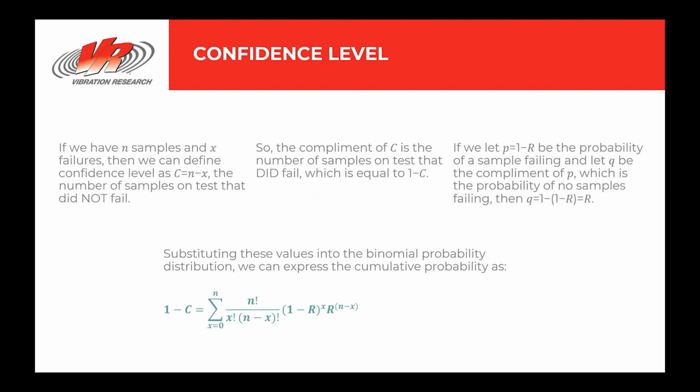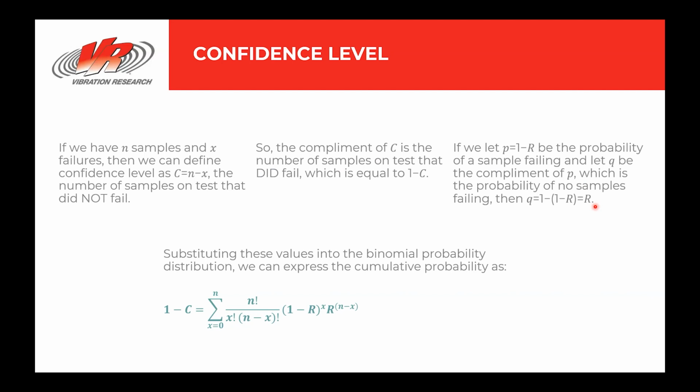For our purposes, we will define confidence level as C is equal to n minus x, the number of samples on test that did not fail. In our example, we will set C equal to 50%. So we want 50% confidence, or 0.50, which is commonly done as 50% confidence in this context equalizes the producer's risk.